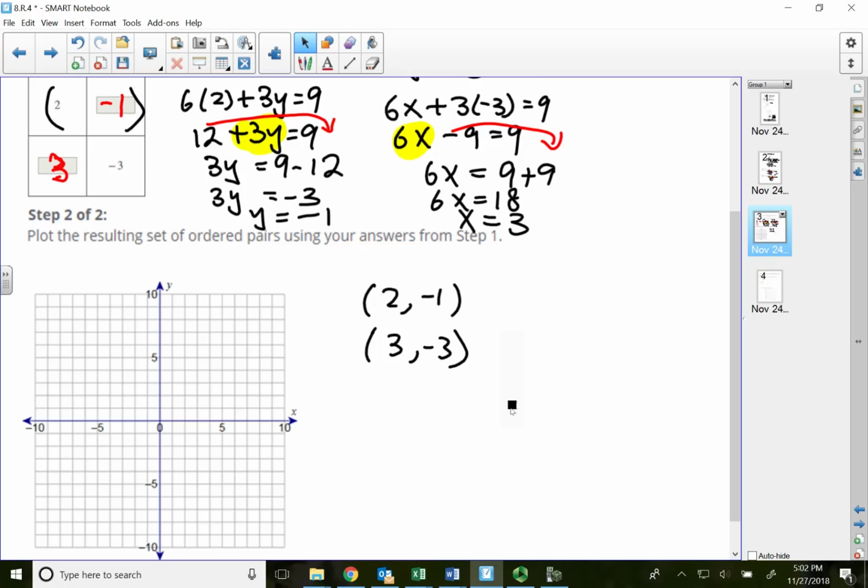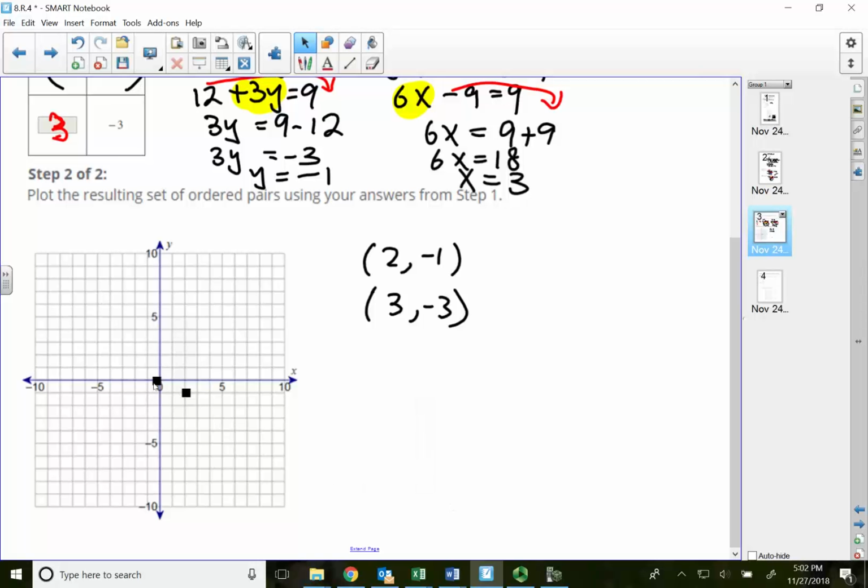To plot 2 comma -1, I will go to the right 2 and down 1. So that's my first point. My second point, 3 comma -3, starting from the origin, go to the right 3 and down 3. 1, 2, 3. So that'll be right there. So these are my 2 points. Okay, just plotting them.